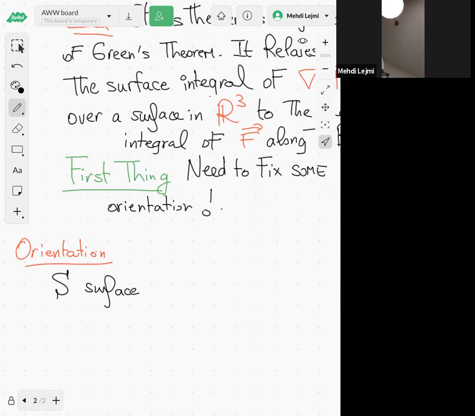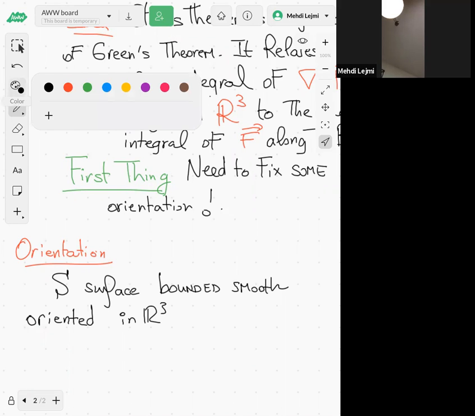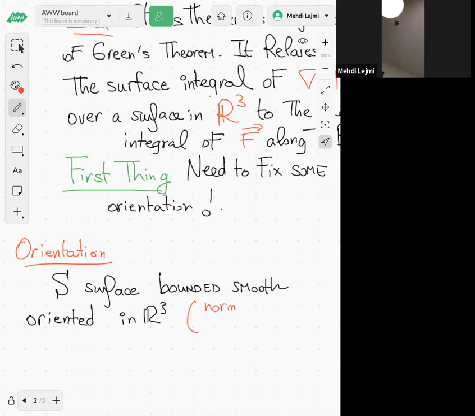Let's say it's a bounded surface, and let's say it's also smooth. It has some orientation. We know how to orient surfaces: surfaces have two possible orientations, inward pointing and outward pointing. So we fix the orientation on S. The orientation on S is fixed, so the direction of the normal vector is fixed.